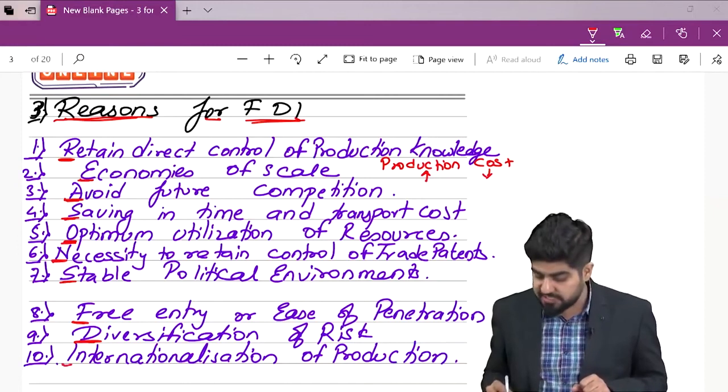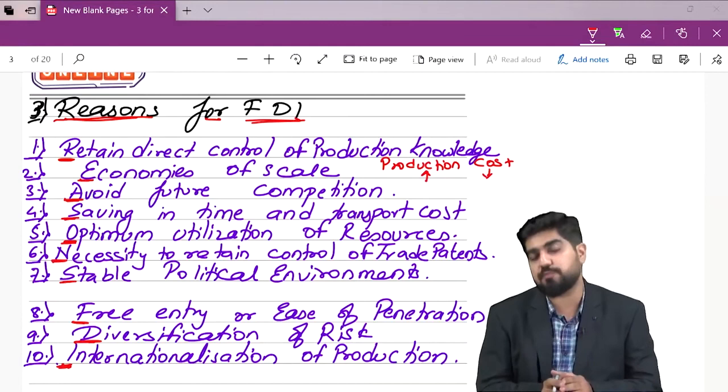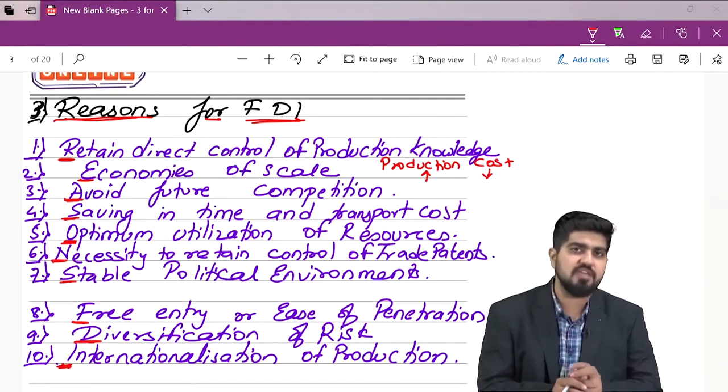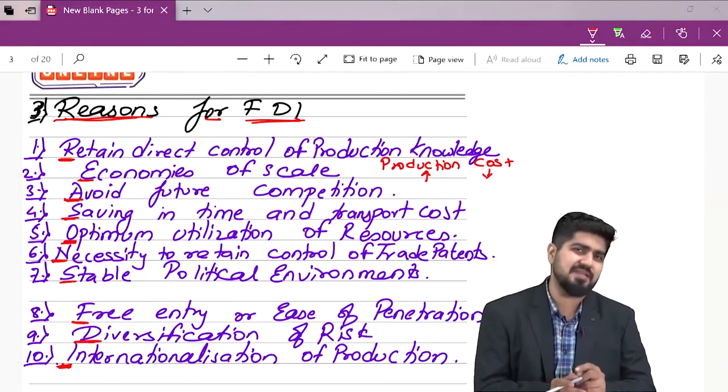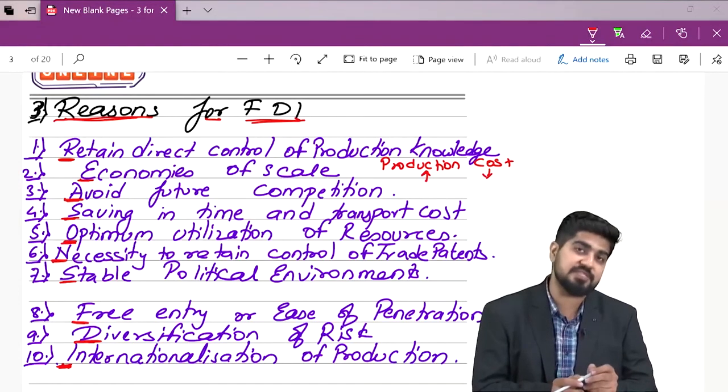Last point is internationalization of production. Now, if you want to produce a product in Germany, France, Sweden or Switzerland, it will be very expensive. Why? Because the labor is quite expensive there, and the land is quite expensive there.